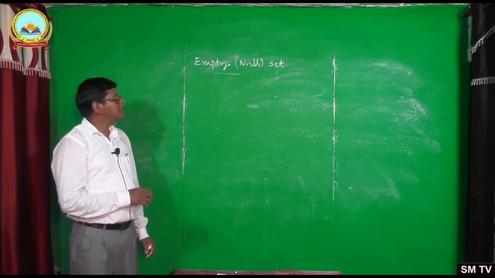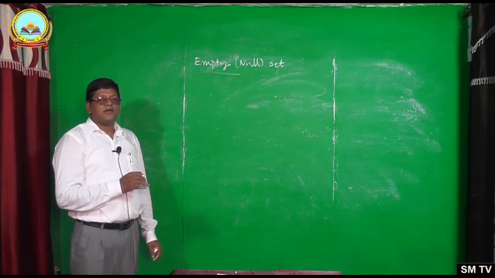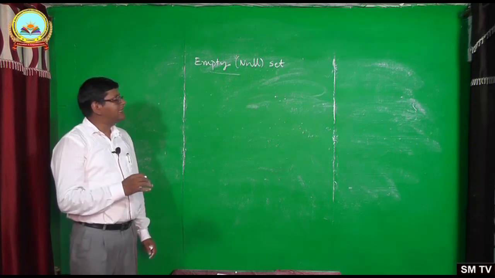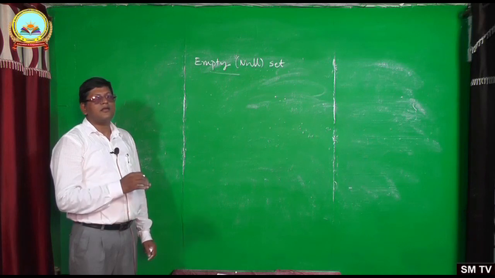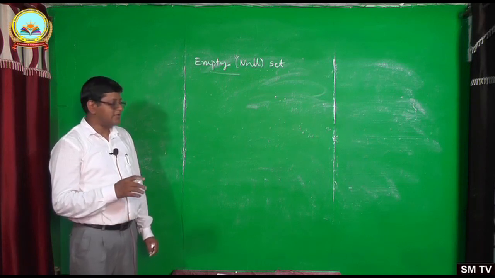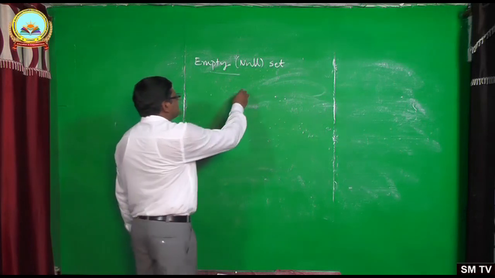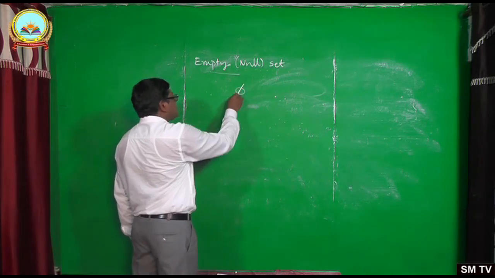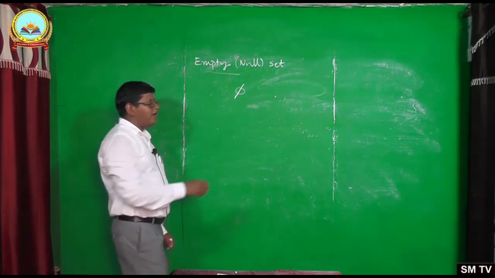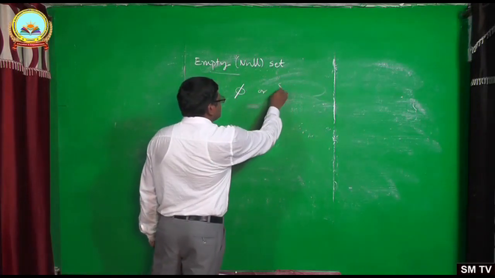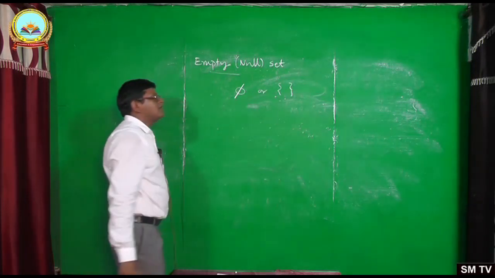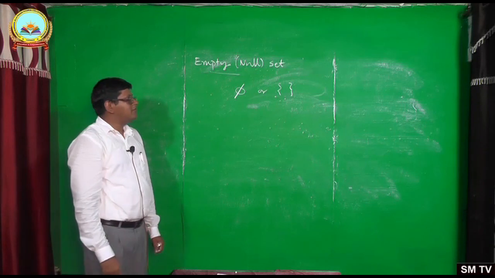I repeat, a set which does not contain any element is called the null set or the empty set, and it is denoted by the symbol phi, or it can also be written like this, a pair of curly brackets.